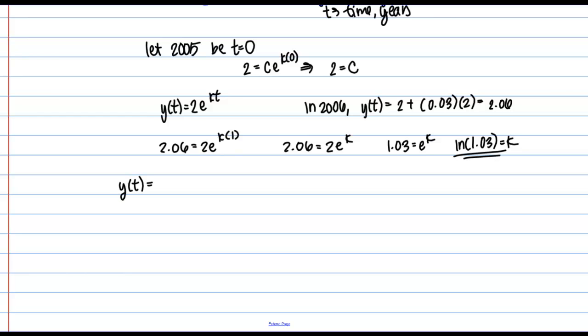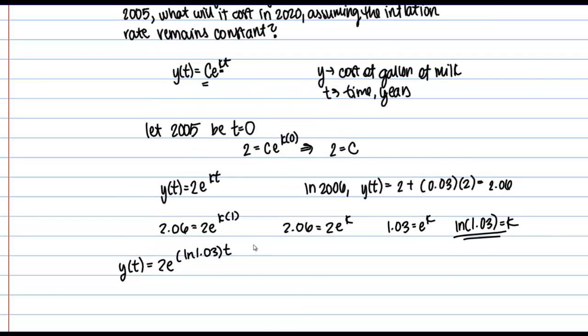So y of t equals 2e, and then in my exponent I have the natural log of 1.03 times t. So if I plug in t, which are the number of years after 2005, this is going to give me the cost of a gallon of milk in that year. So t is the number of years after 2005.